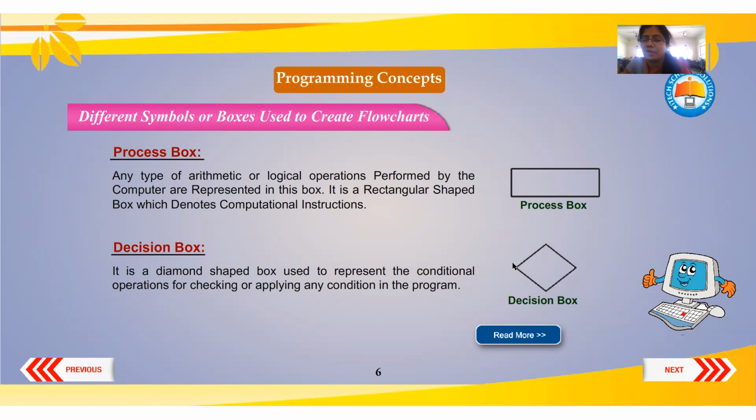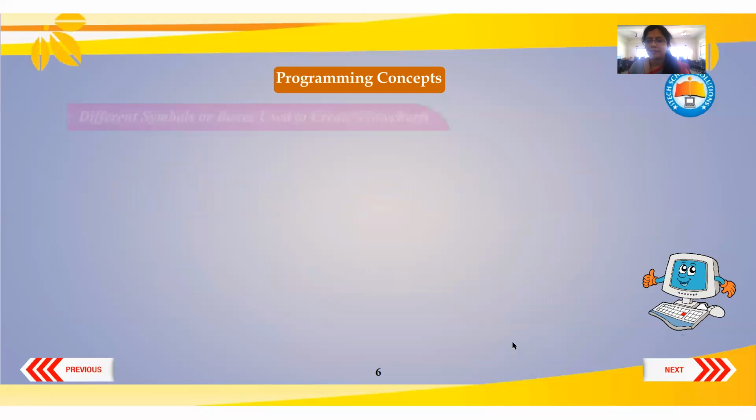Otherwise, I am not going to go. So if yes, then you are coming out of your house and going to the grocery. If no, you're not coming out of your house and not going to buy the grocery. Such kinds of if conditions will always come in this decision box. So here the computer takes a decision as per the conditions given. These kinds of boxes are diamond shaped.